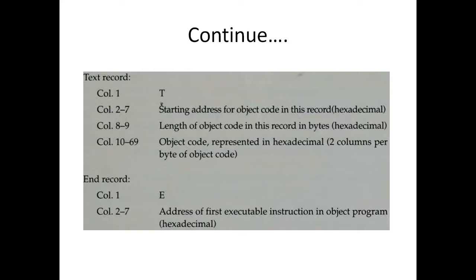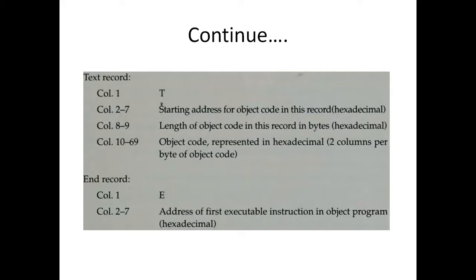Next, columns 10 to 69 contain the object code. That means 60 columns are used to store the object code represented in hexadecimal, 2 columns per byte of object code.